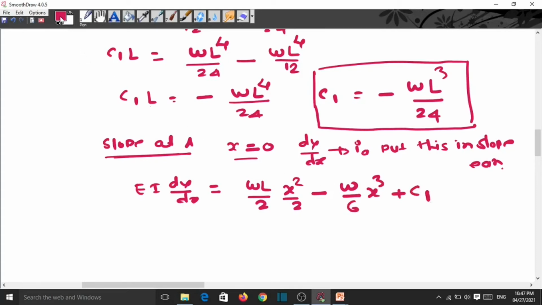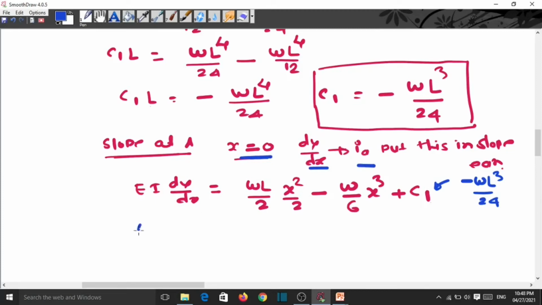So we know the C1 here. This C1 is minus WL raised to power 3 by 24. So we have to put this value in this equation. So here x equal to 0, dy by dx becomes IA.